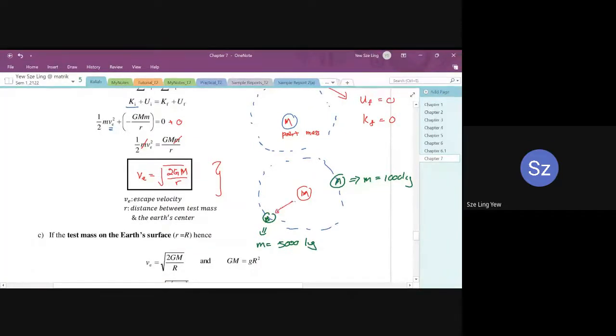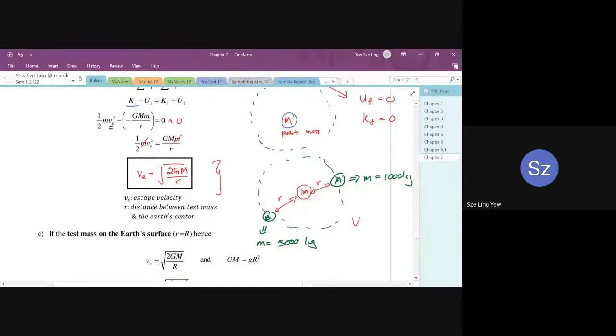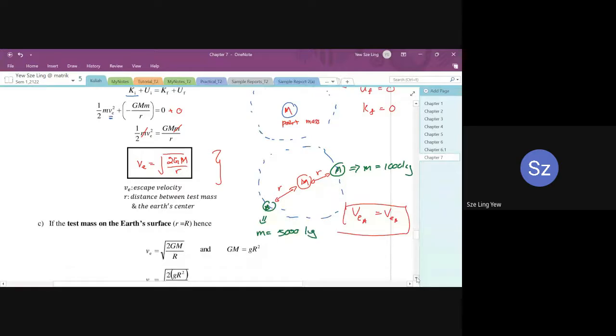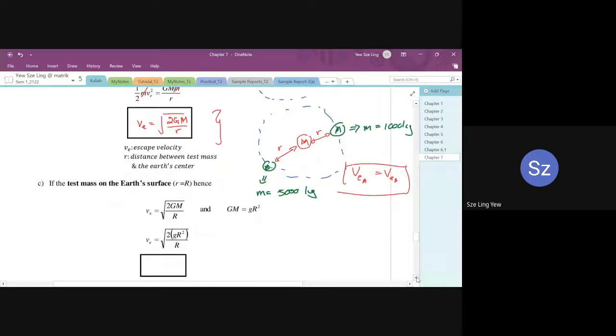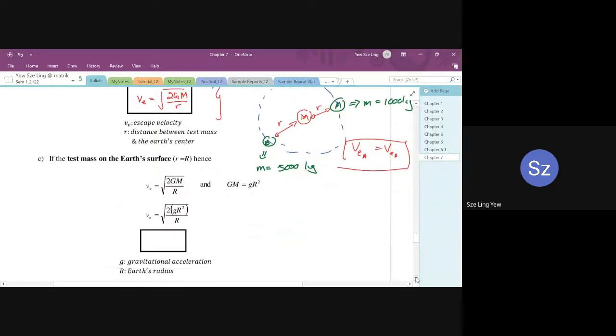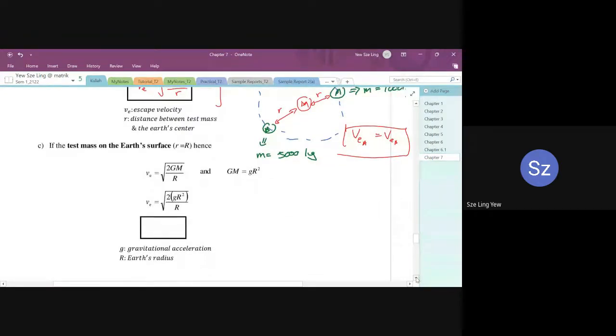Since the two of them have the same R, the escape velocity for object A is equal to the escape velocity for object B, because it doesn't depend on the mass of the test object. It depends on the mass of the planet. So this is what you can tell from the equation.